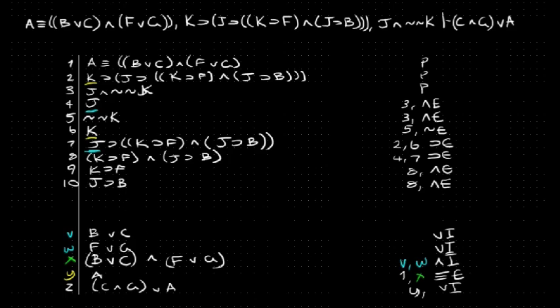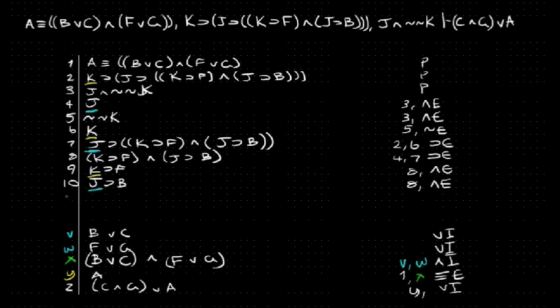Now, F and B are both consequences of these conditional statements for which we already have the antecedents. The antecedents are K, we've got that, and J. So we know that we can derive F and B. So it looks like it's going to be F and B that we want to see on these two lines.